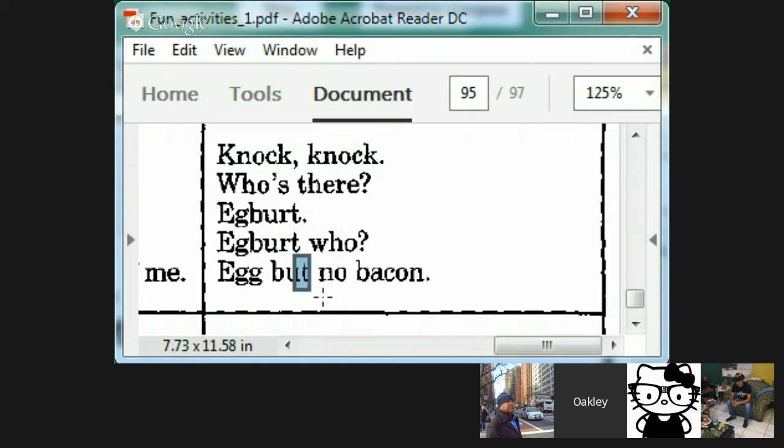We don't say Egbert no bacon. This knock-knock joke would sound much better for British speakers than it does for American speakers. Why? Because British pronunciation tends to really reduce pronunciation of R's, especially R's in the middle of words, like in this placement.